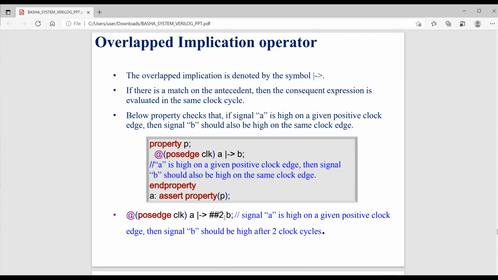You can also write this expression using non-overlapped implication. Here you have 2 clock cycles delay, right? Instead of overlapped implication, you can use the non-overlapped implication operator, give 1 clock cycle delay, and write it like this. So both are the same expression.